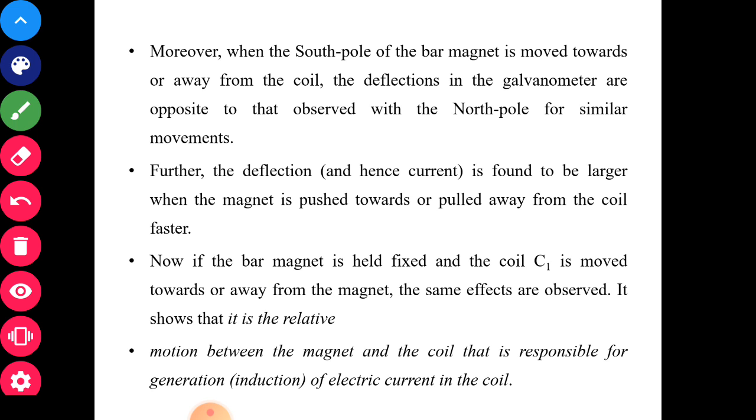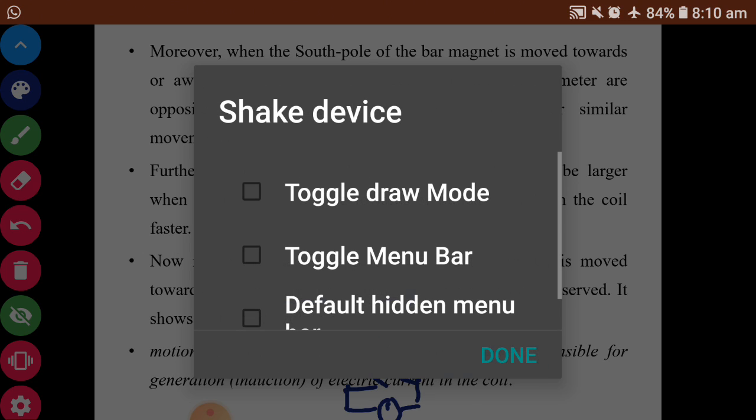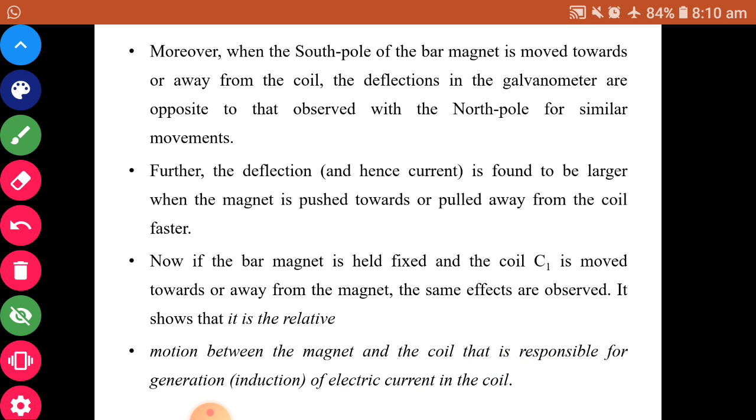It shows that there must be a relative motion between the magnet and the coil, which is responsible for the generation of electric current, which is known as induction.